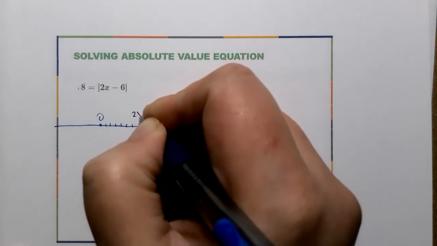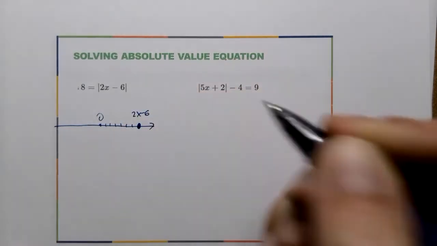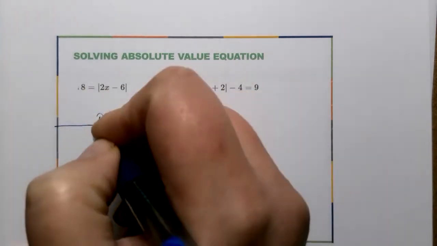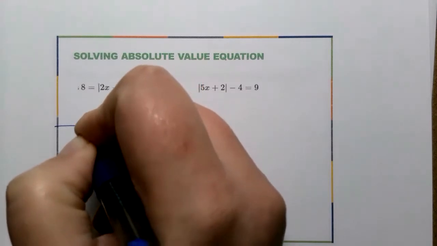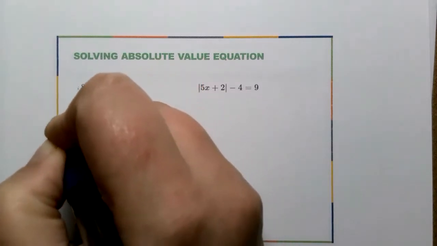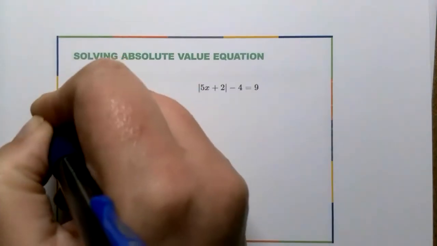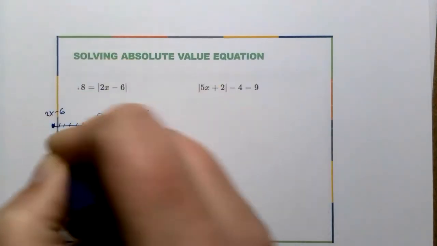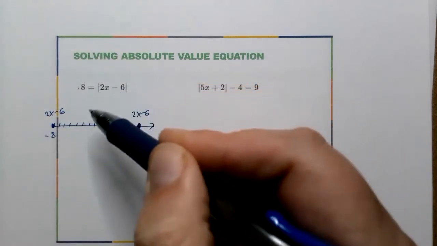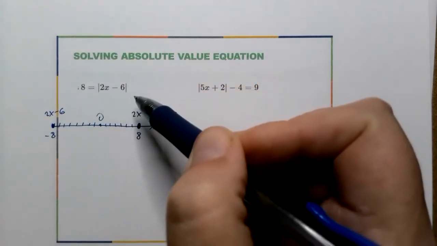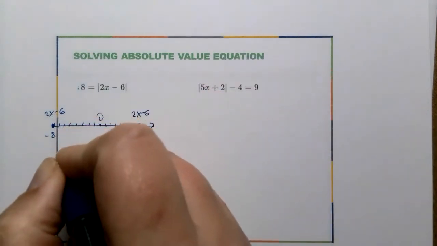So 2x minus 6 could be here, a distance of 8 from the 0, but it could go in the other direction, 1, 2, 3, 4, 5, 6, 7, 8 right here. It could be here, 2x minus 6. So how we're going to open this absolute value equation is we're going to have two possibilities.